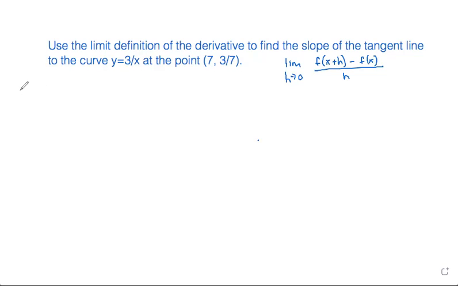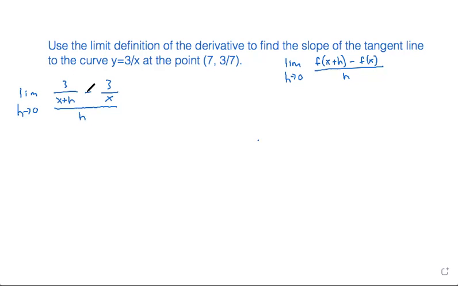So this will be the limit as h approaches 0 of 3 over x plus h, minus the original function, which is 3 over x, and then all of that goes over h. In order to evaluate this limit, we need to get this h out of the denominator.